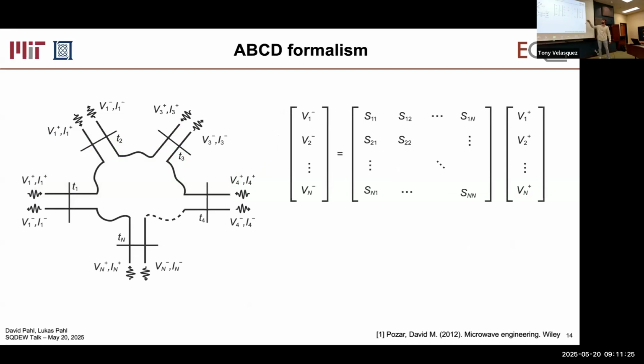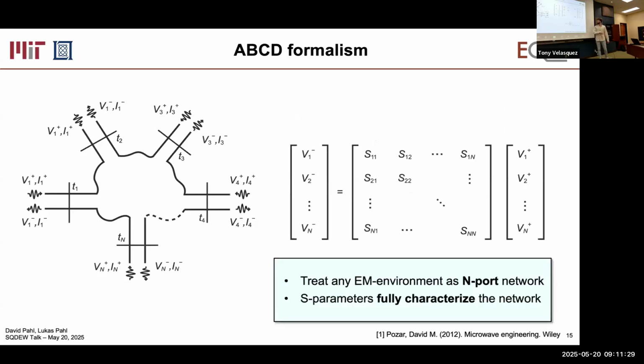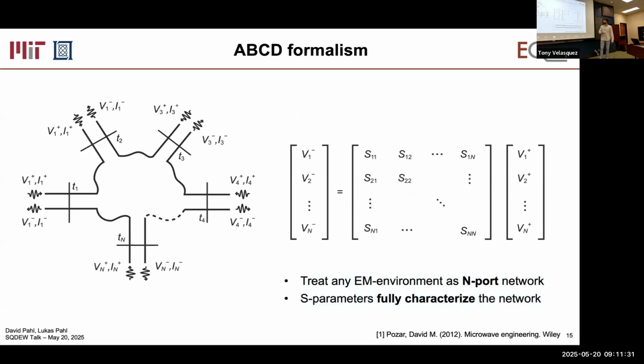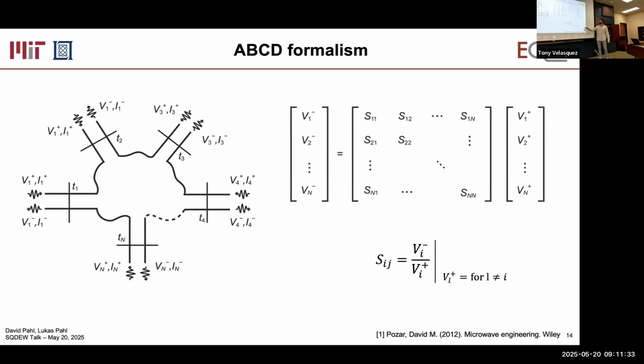These S parameters basically relate input and output voltages to each other. They're very important because they allow you to do things like readout and characterize your device. So one S parameter, Sij, is just the voltage going in at port I divided by the voltage going out at port J. This should be J.